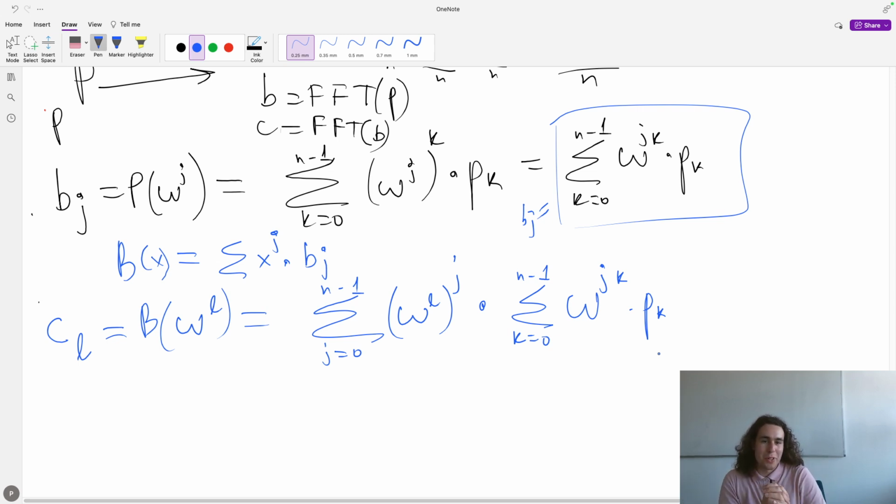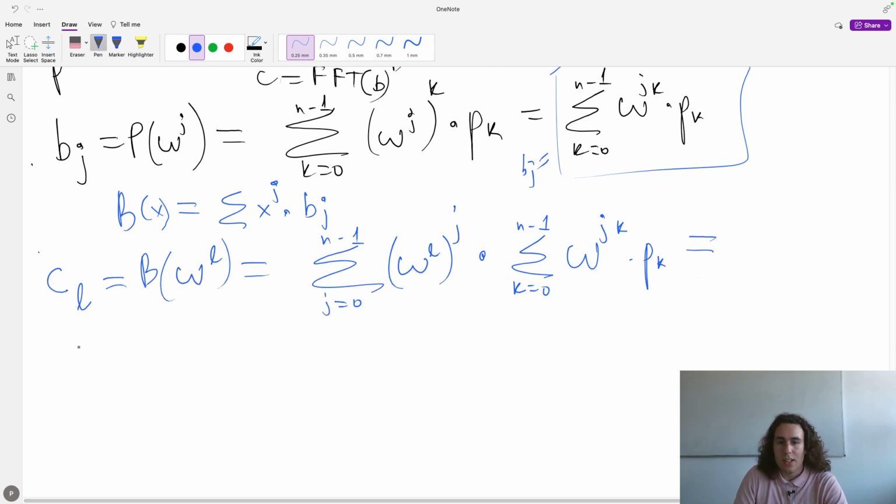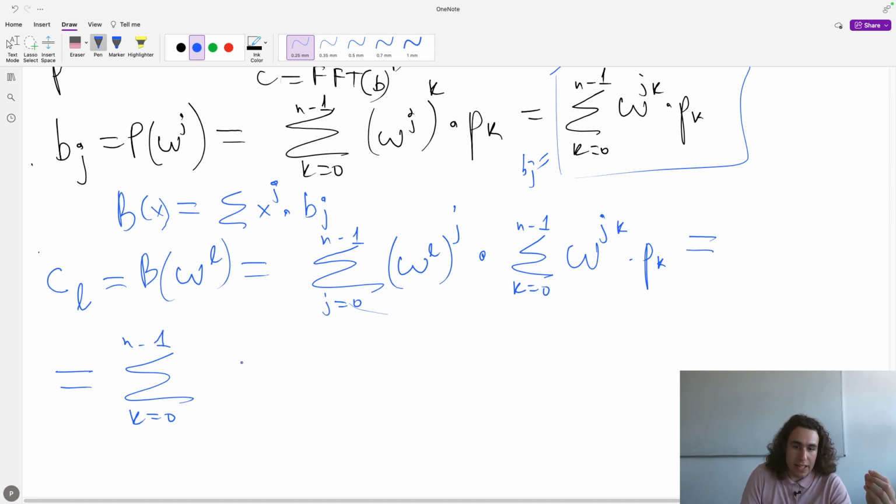Now everything's going to work out relatively easily. So I just want to change the order of summation, right? I want to first sum over k, and then I want to sum over j. So I sum over k from 0 to n minus 1. What do we have depending on k? pk, right?